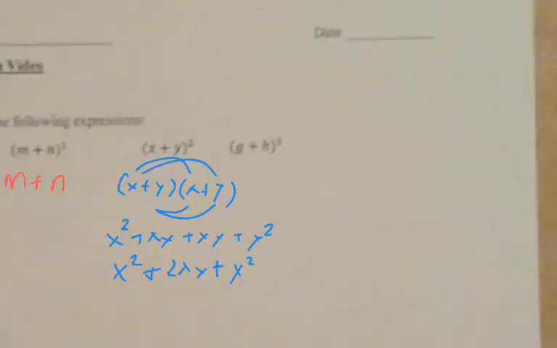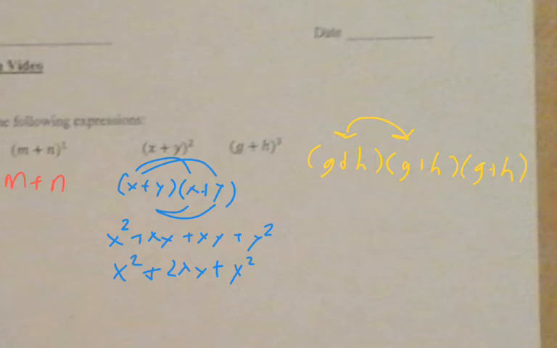Okay, so now we're going to look at g plus h cubed. So we know that's g plus h times g plus h times g plus h. So we can kind of use the last problem, just change some numbers.